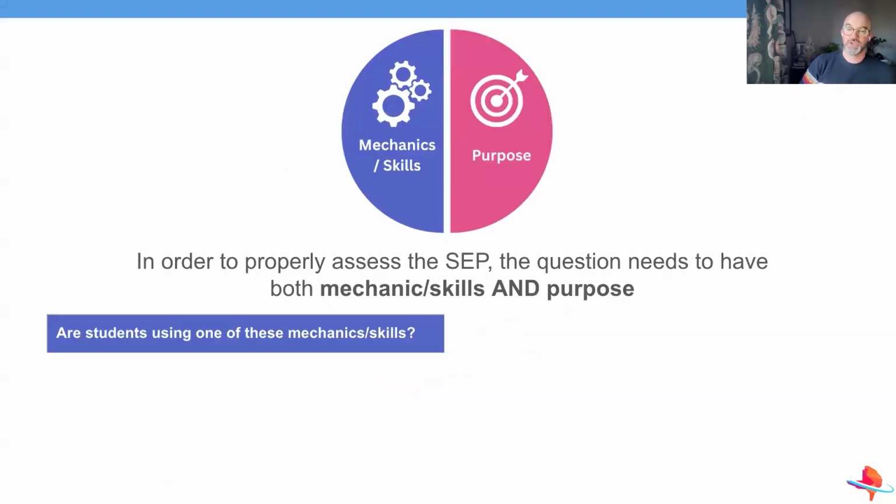One of the things that we talked about in part one of this webinar, which I'm going to review really quickly here, is that when we're diving into a science and engineering practice, Achieve, the folks who, with state partners, wrote the NGSS standards, are looking for these two criteria to be met to ensure that students are using that practice for sense making.